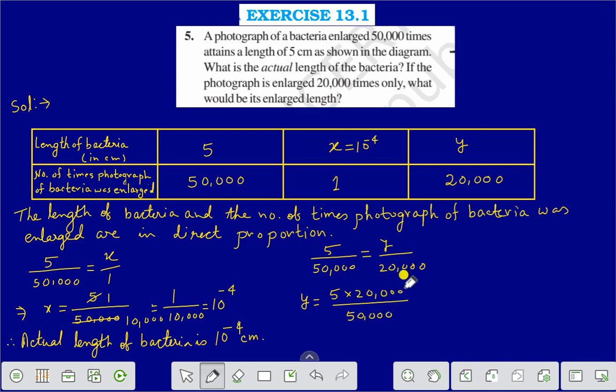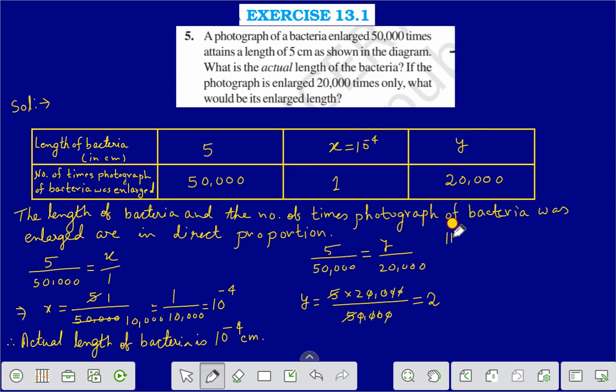Right? Therefore, this 0 will cut, this 0 will also cut. So 5 into 5. Therefore, we are getting the value y as 2. Right? 2 in centimeter. Therefore, we can find the enlarged length of the bacteria is 2 centimeter.